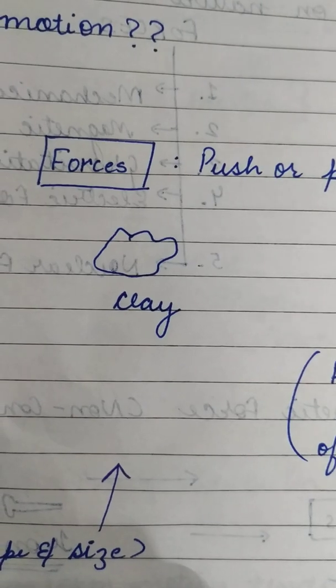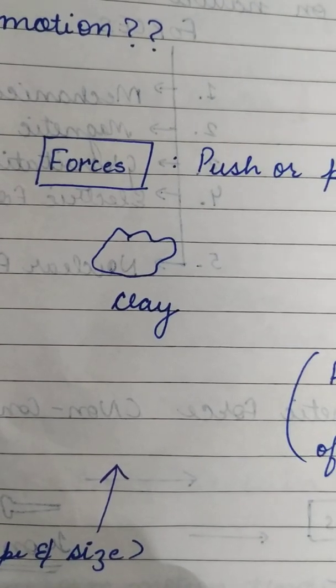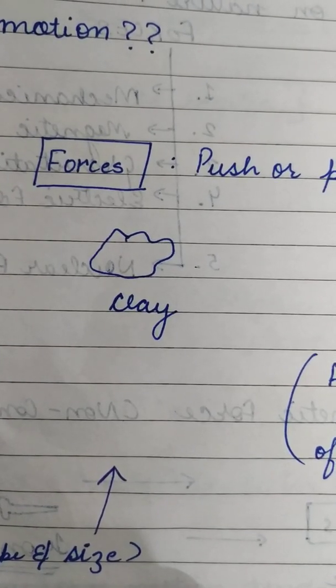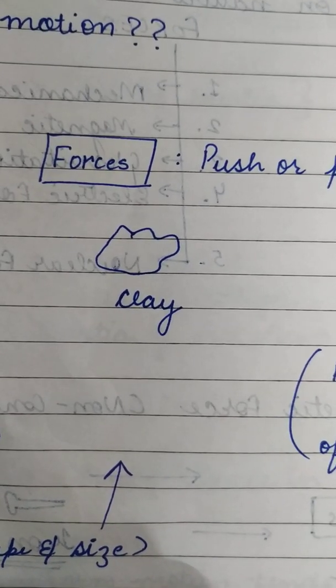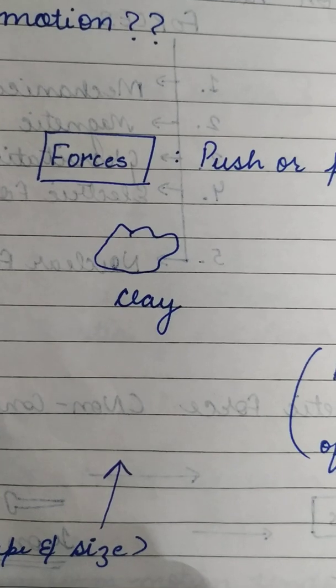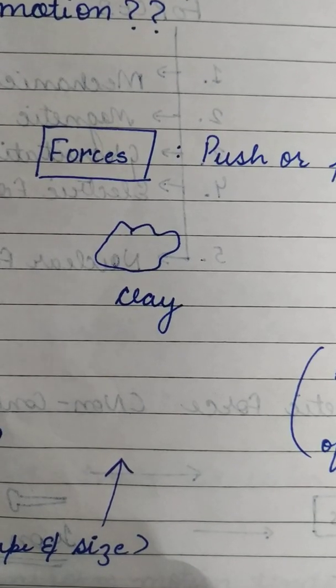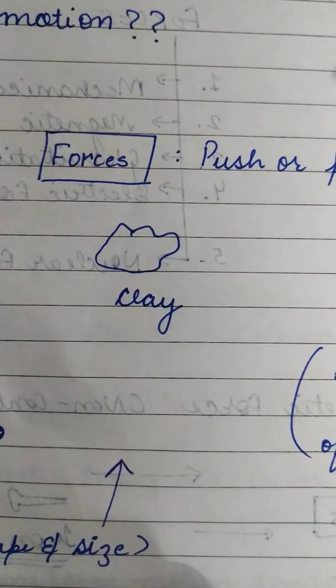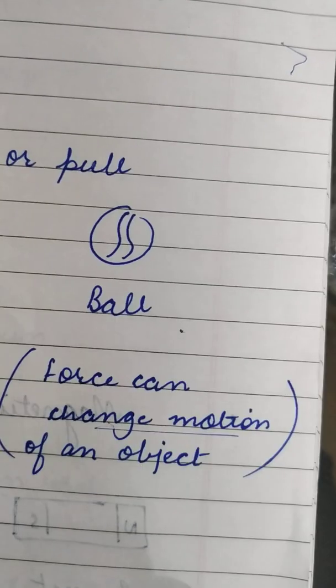So basically it gets deformed a number of times. Again, it stretches, we push it, and thus we change its shape or size according to our will. So we can say that force changes the shape and size of objects.